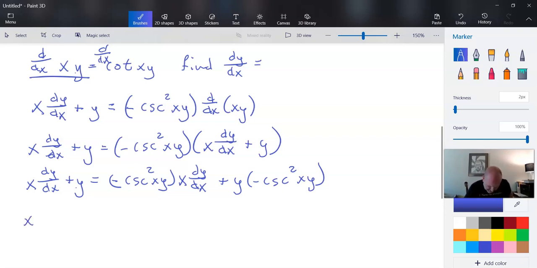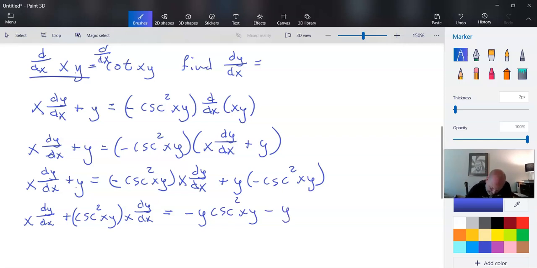So now I have x times dy dx plus cosecant squared xy times x dy dx, right? And then on the other side, I move that y over here. So this would be negative y cosecant squared xy, and I'm subtracting the y, so that would be minus y, right? Oh, this is getting real messy.